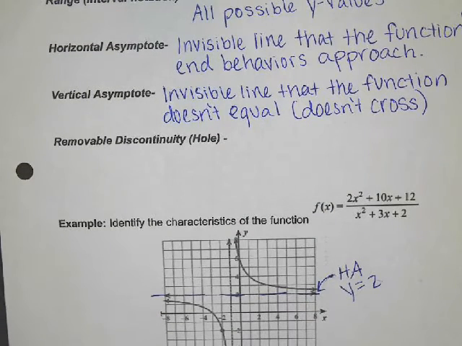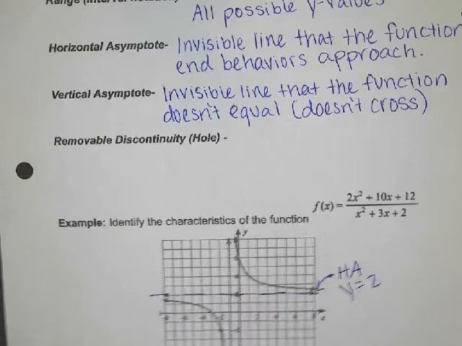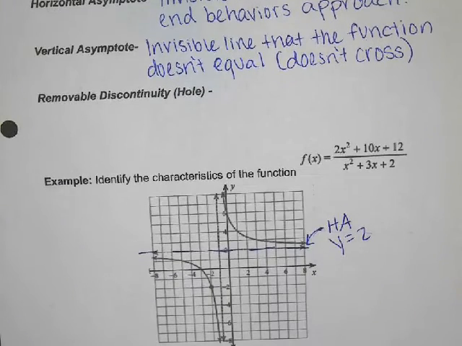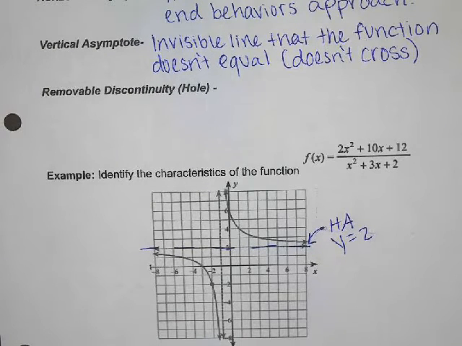On this one, not only do I want you guys to find it, I want you to think about what the equation would look like. Should be pretty simple. Find it, and then what do you think the equation would look like?